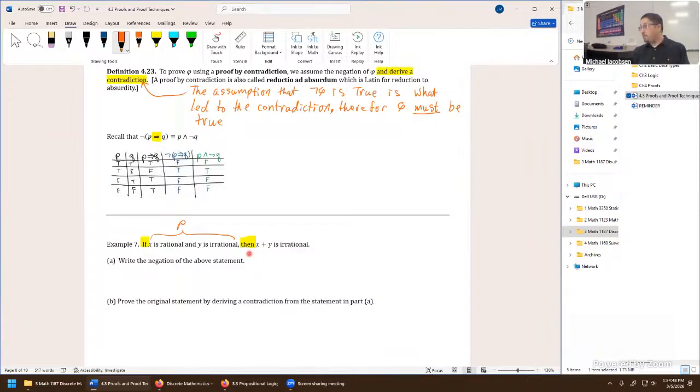This part, x plus y is irrational, is the proposition Q. So we're going to negate it, which means we're going to assume P is true. We just assume that whole part right there. Then we also assume the negation of Q is also true.